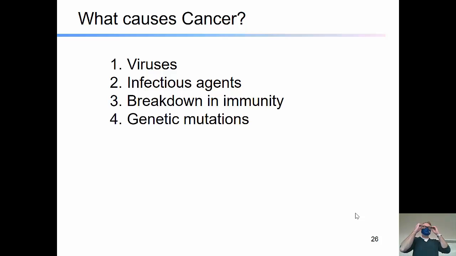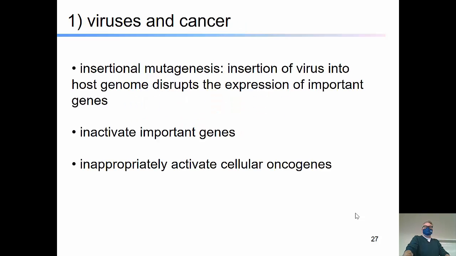So the four things that are going to cause cancer are viruses, infectious agents, breakdown in immunity, and genetic mutations. You don't have a strong background at this point in genetics, but we can keep it reasonably simple, just dealing with the concepts that we've talked about already in the class.